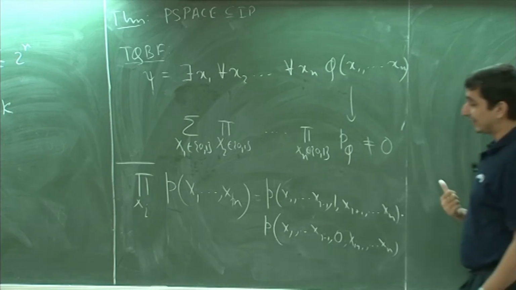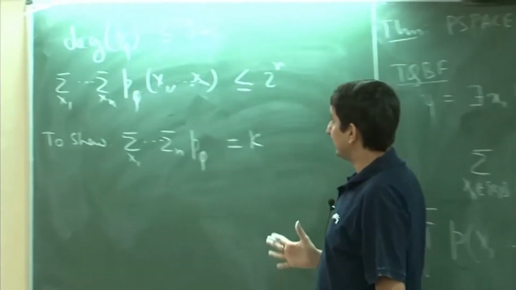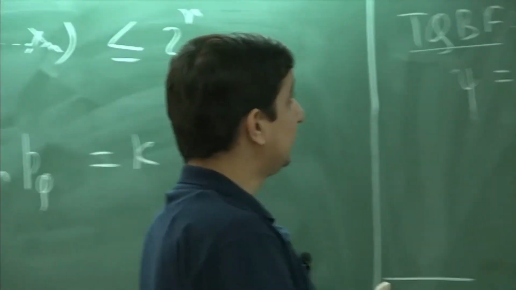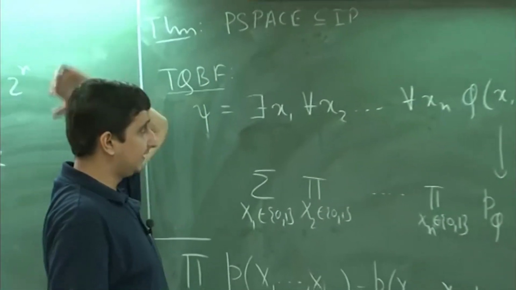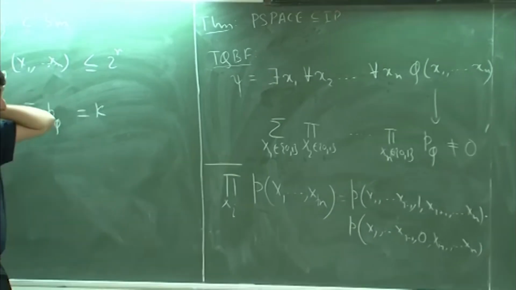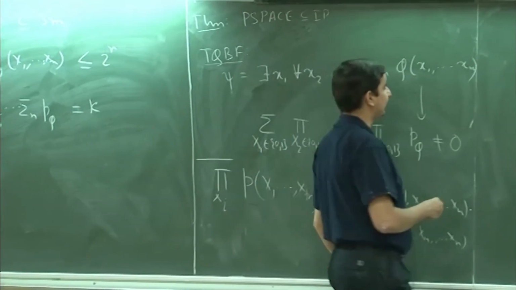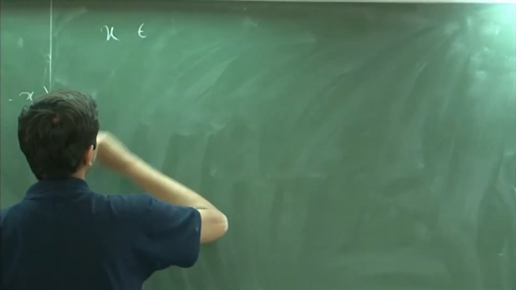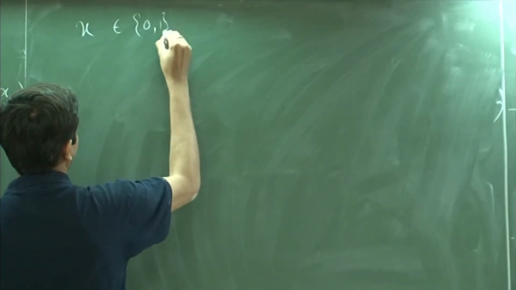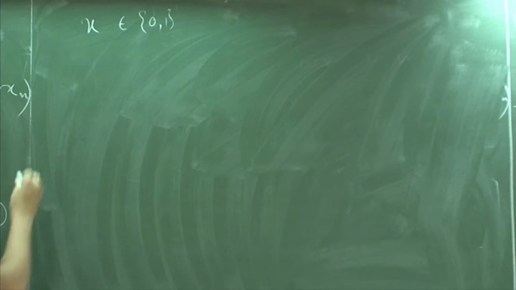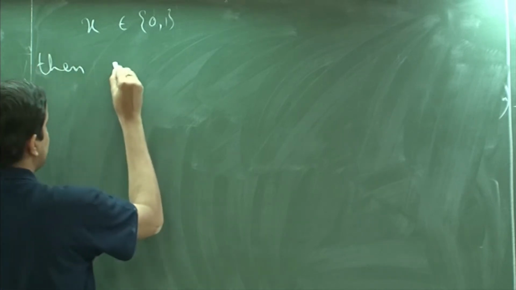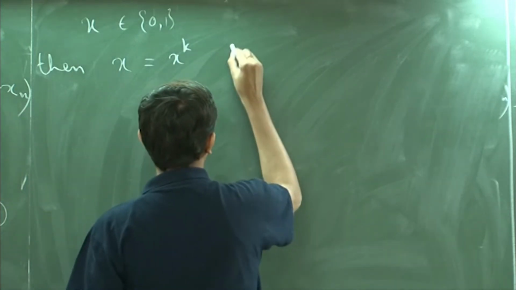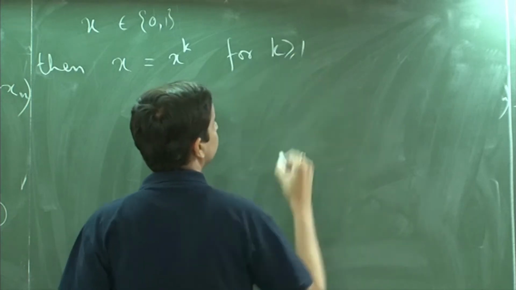So, what is the idea? The idea again is very simple. As I said, all this work happened in a very short span of time, and the result showing that PSPACE is contained in IP was done by Shamir. He observed that if we have a variable x which belongs to {0, 1}, then x is always equal to x to the power k for any k.